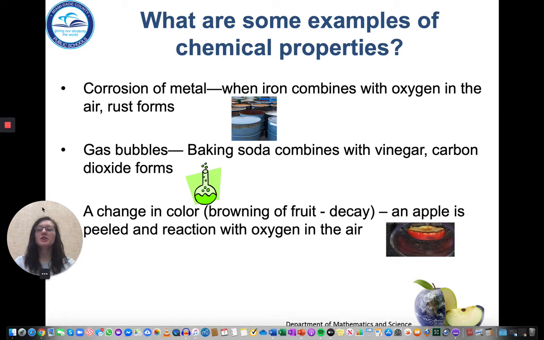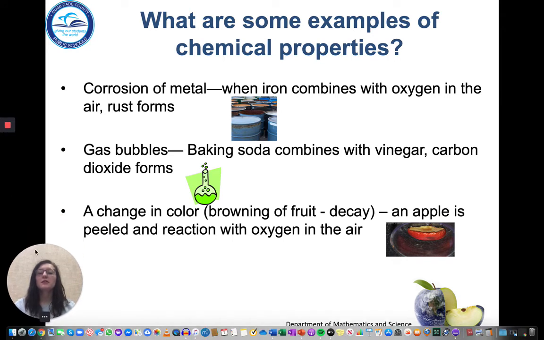And then a change in color, such as the browning of fruit, which we could also call decay. Just like we saw in the last slide, those leaves were decaying. When an apple is peeled, the reaction with oxygen in the air is what makes apples brown so quickly.